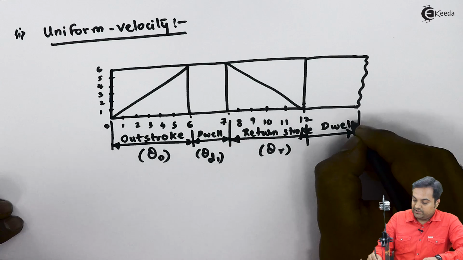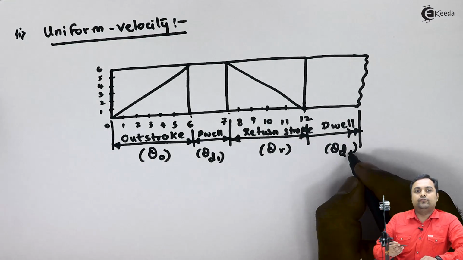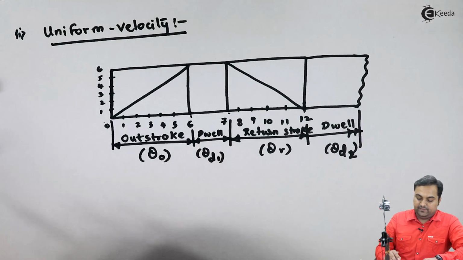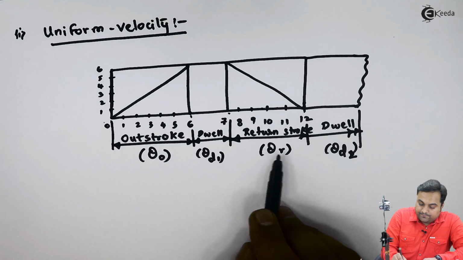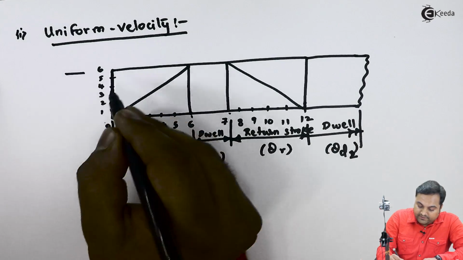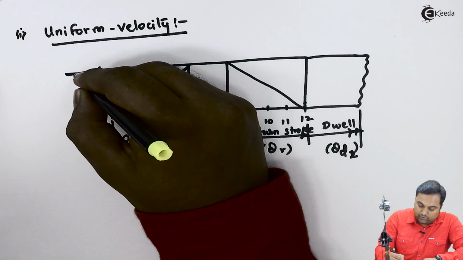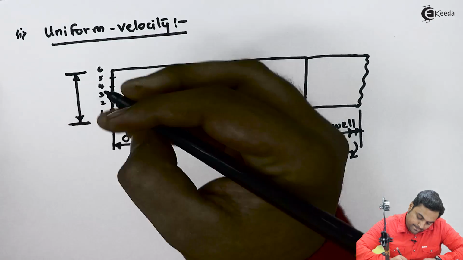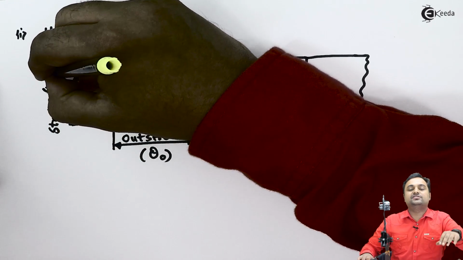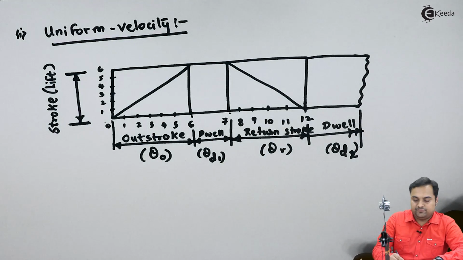So when the question mentions that the follower is moving with uniform velocity and returning with uniform velocity, then the diagram would be such. Here this vertical height indicates the stroke or lift. Stroke or lift means the maximum distance traveled by the follower from the lowermost position to the topmost position.